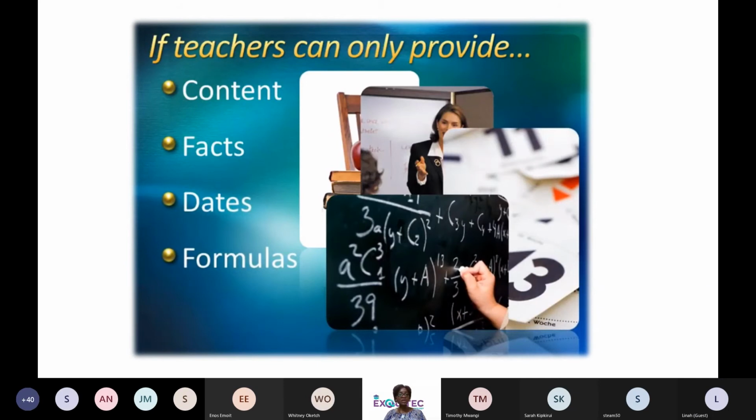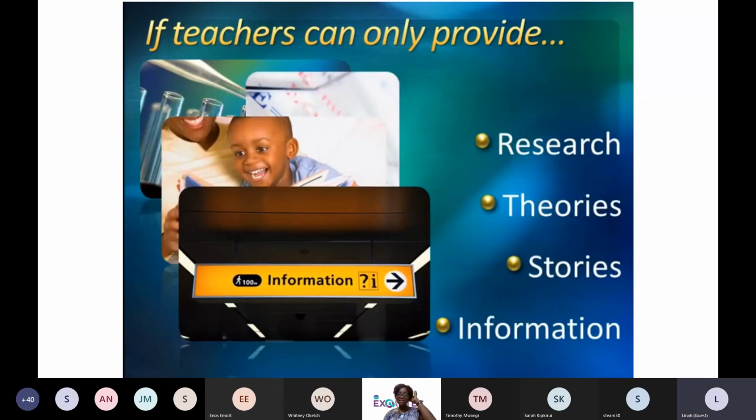Most of the things that we do as teachers in the classroom, no matter the level of education, is provide content, facts, give dates, provide formulas, give research information, theories that back up a particular practice, bring stories from here and there to augment our lessons, give information as they come or as you find them.